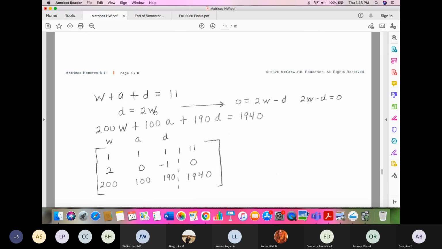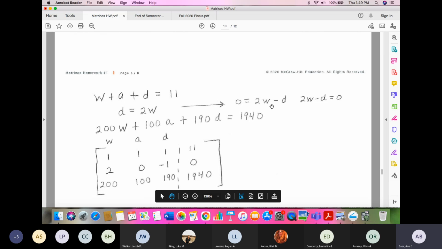So we don't want to write it like this for matrices. We want all our variables on the same side and a number on the right side of the dash lines.